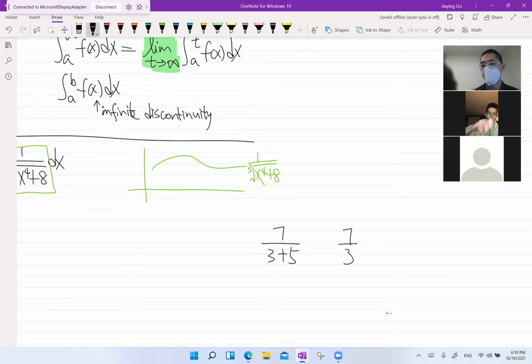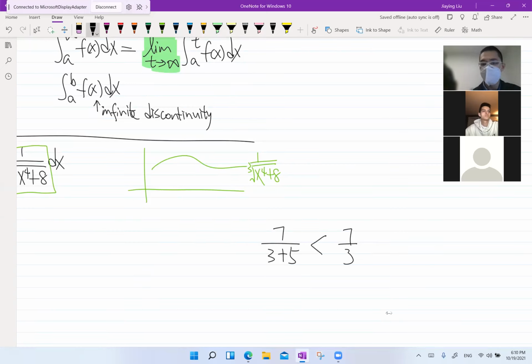Which one is bigger? I mean, you don't have to think too much, right? You kind of knew it back then, maybe in high school or middle school. You know that 7 over 3 is bigger than 7 over 3 plus 5 because the denominator is getting smaller. So the fraction value is getting bigger, right?